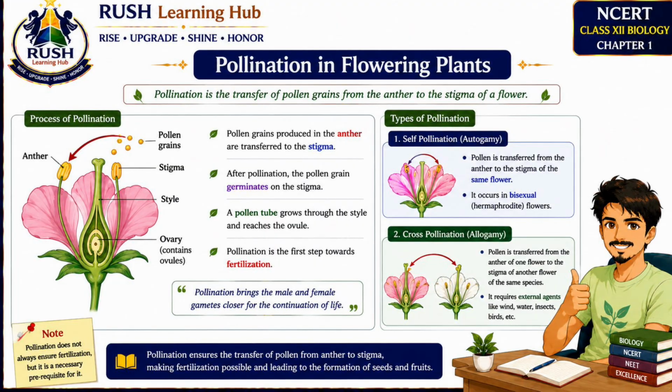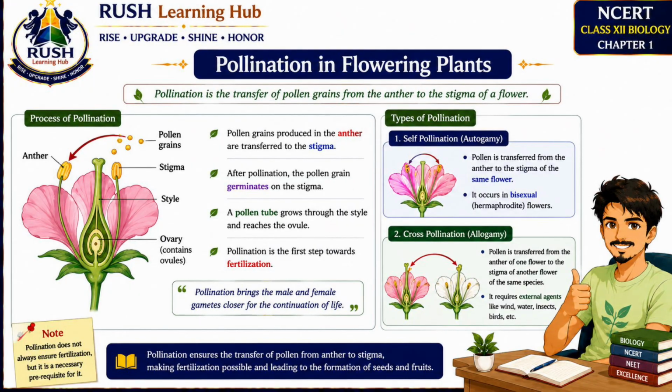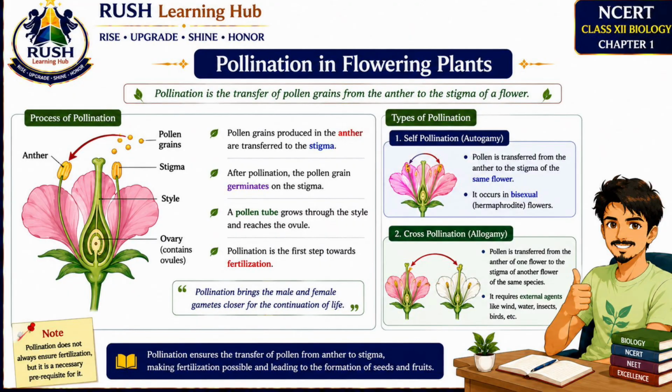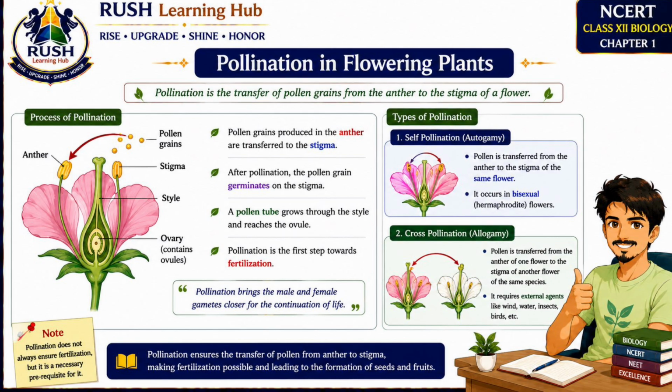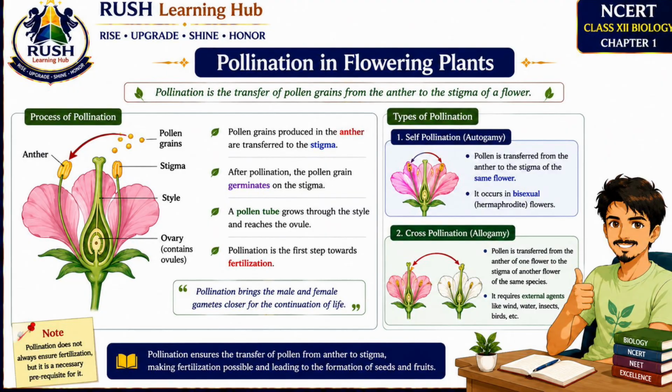Among these, xenogamy introduces genetic variation, whereas autogamy and geitonogamy generally do not introduce new genetic combinations. Therefore, pollination acts as a crucial link between the formation of pollen grains and the process of fertilization, ultimately leading to the formation of seeds and fruits.